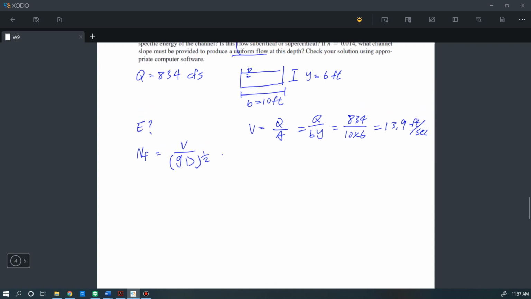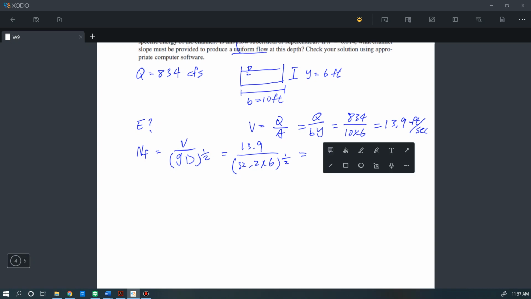Okay, so we plug that into this equation. V is equal to 13.9, and g in English units is 32.2, times the depth, which is 6 feet, all to the power of 1/2. Then we found that the Froude number is equal to 1.